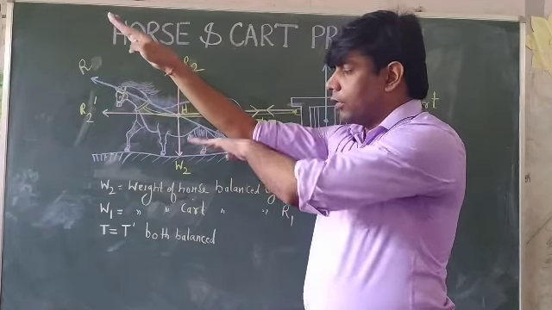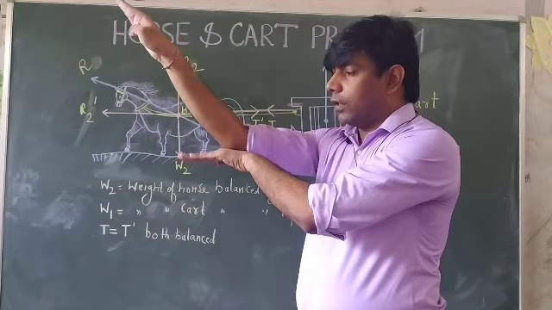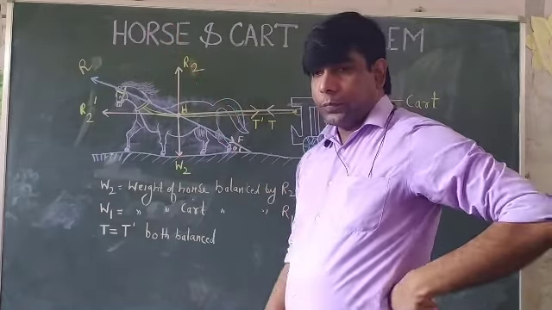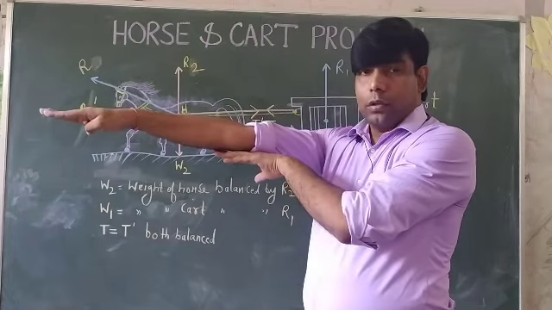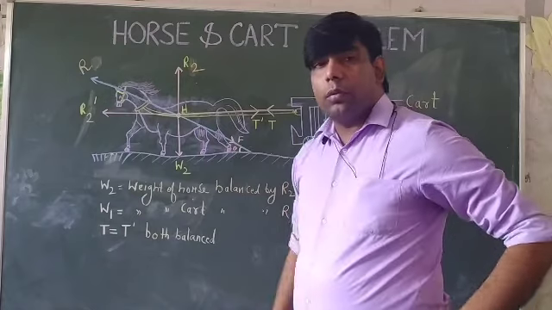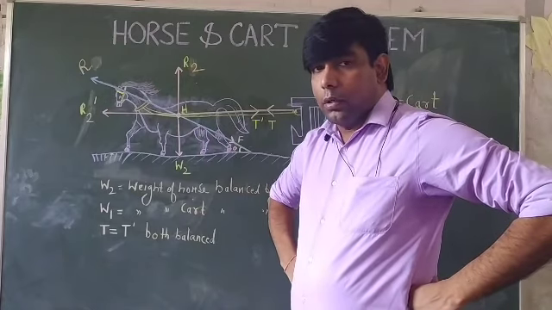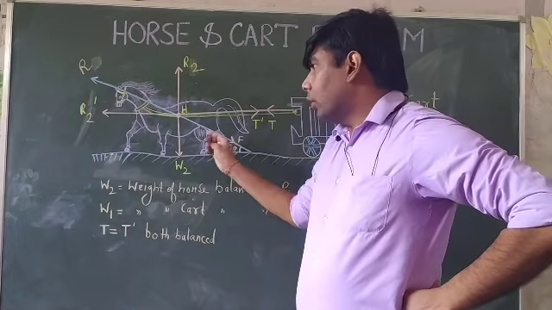This is the leg, this is the ground. See, there is some gap between the ground and the leg, and that angle is theta. So this force is neither in the upward direction nor in the horizontal direction. You also know that force is a vector quantity. In higher classes you will learn how to resolve vectors. Here we don't require that.